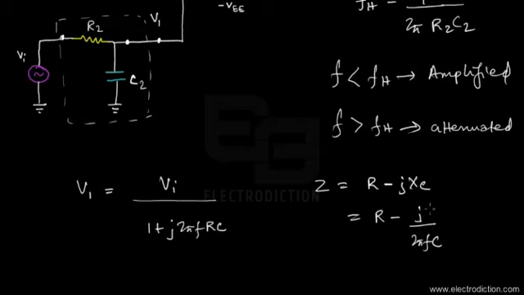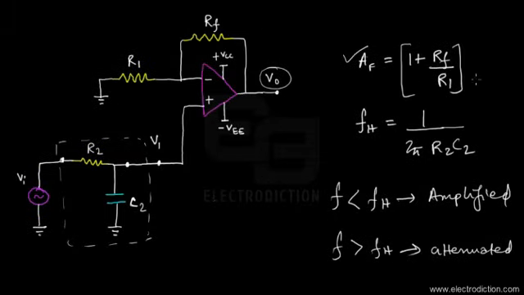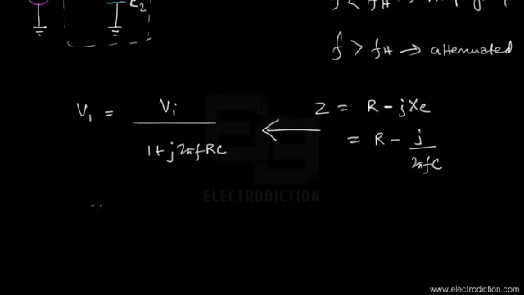So if we use this impedance expression, apply basic laws of circuit theory and take the output voltage across the capacitor, we would land up with this expression that we have over here. Now this is the output from this passive filter, and since this output serves as the input to the non-inverting amplifier, this signal is going to be amplified AF times.